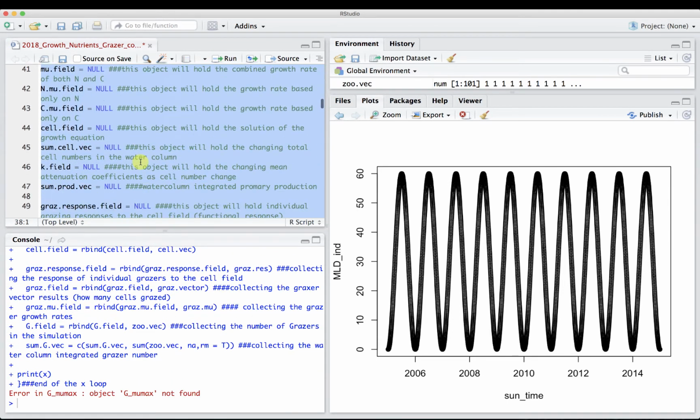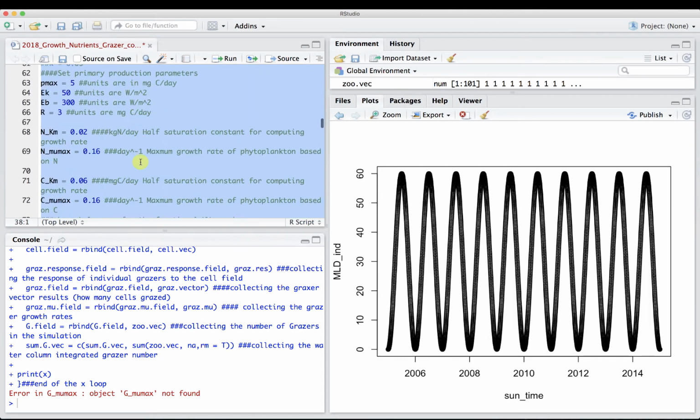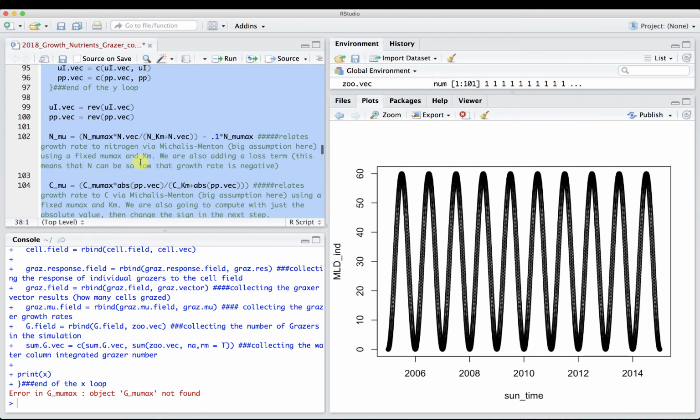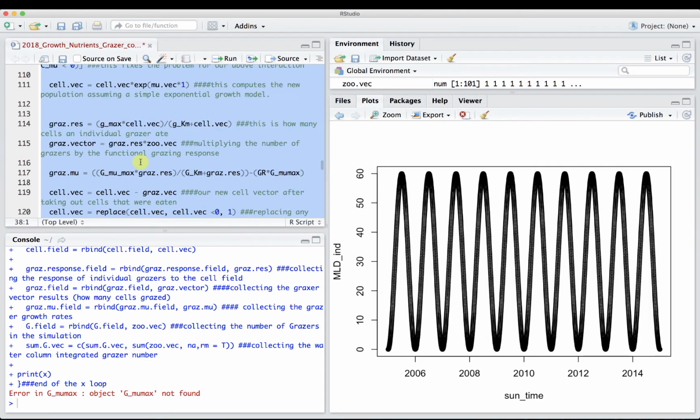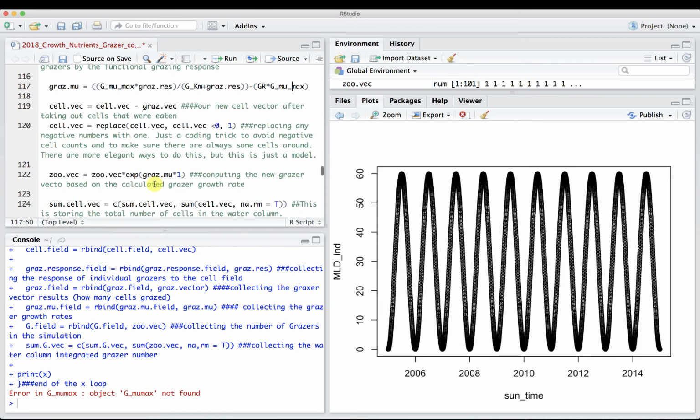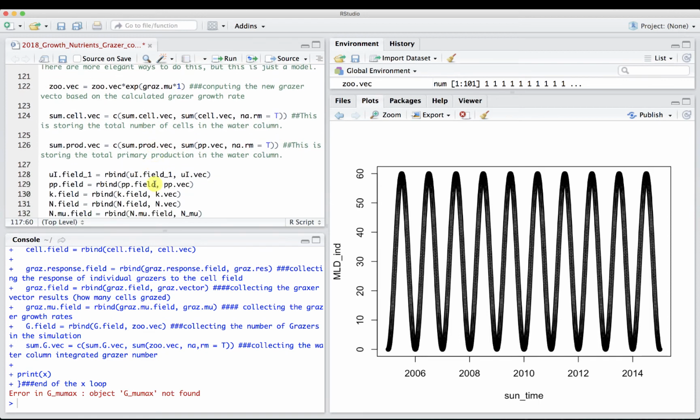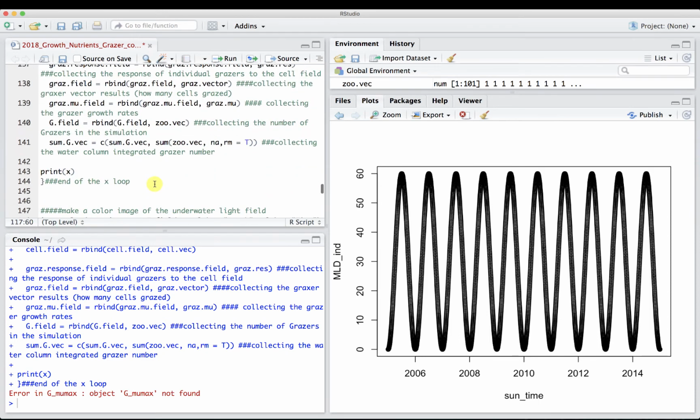Another one, G mu max. Oh, there it is. So let's try this again.